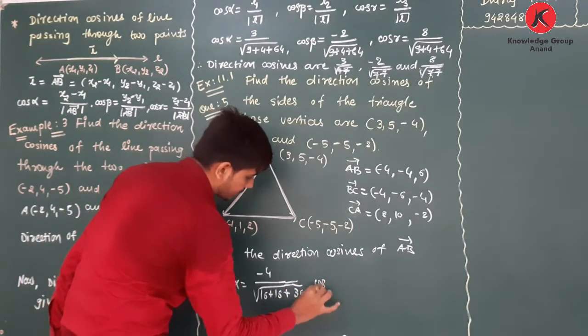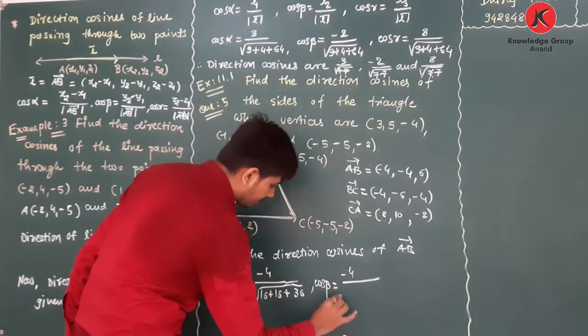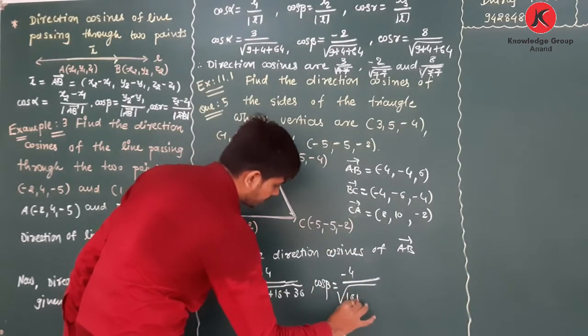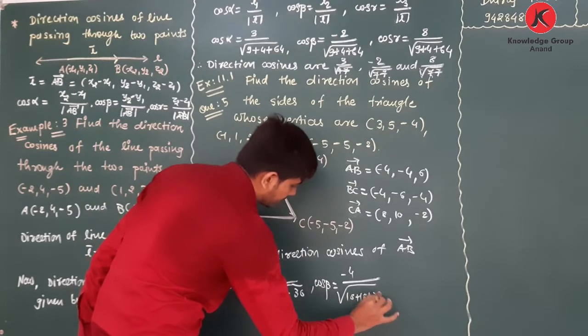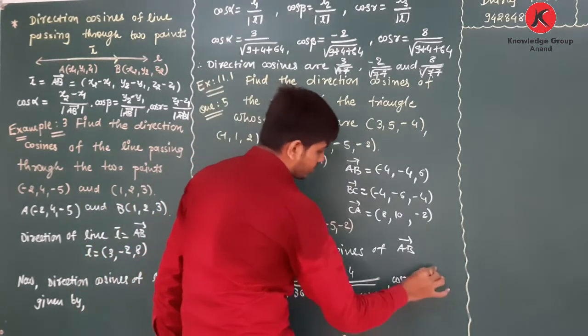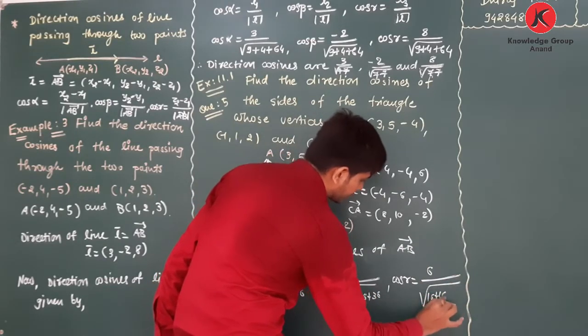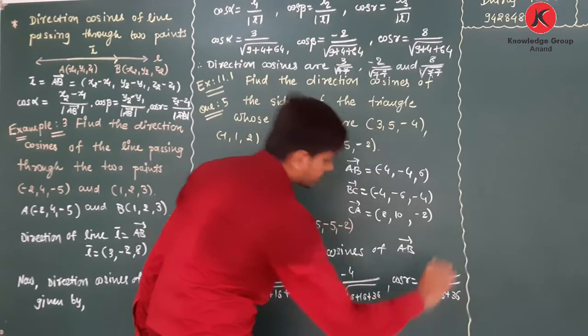Same as cos beta which is equals to minus 4 upon under root 16 plus 36 and cos gamma which is equals to 6 upon under root 16 plus 36.